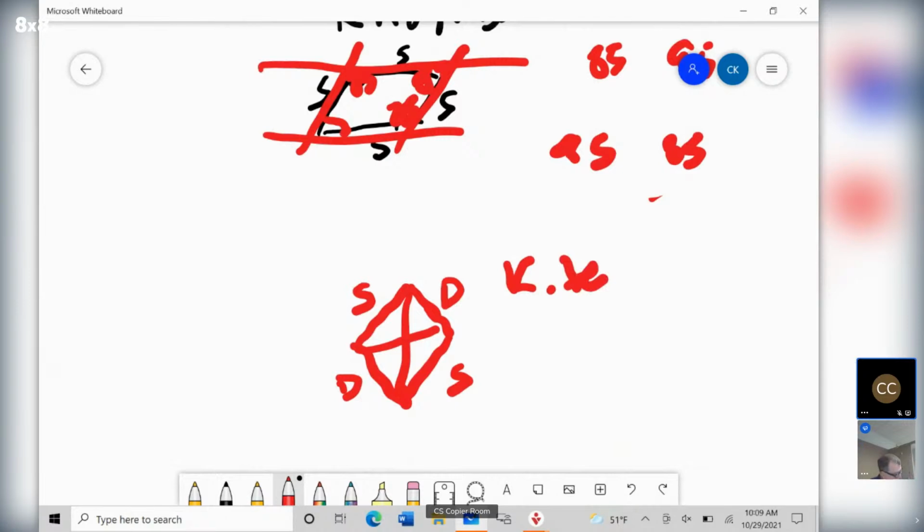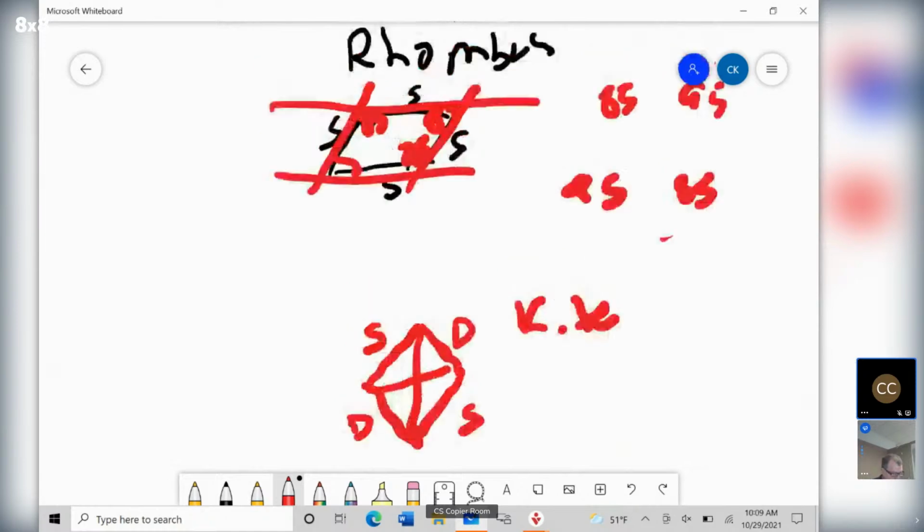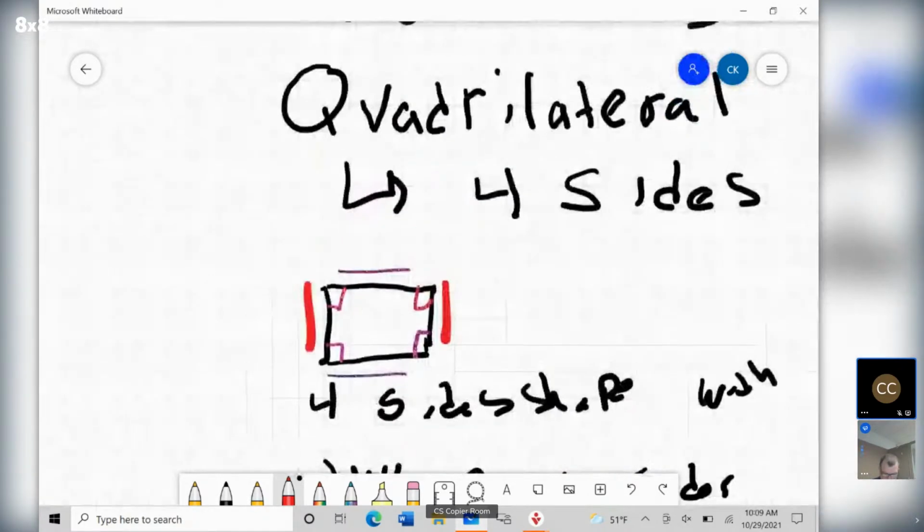So the biggest ones, you guys just want to go back over these. Just remember there's a quadrilateral, that's four sides.